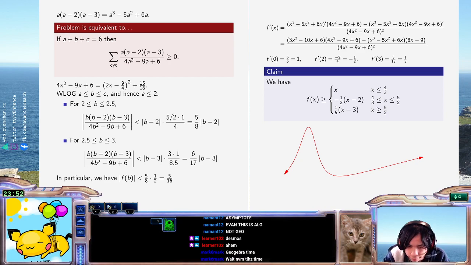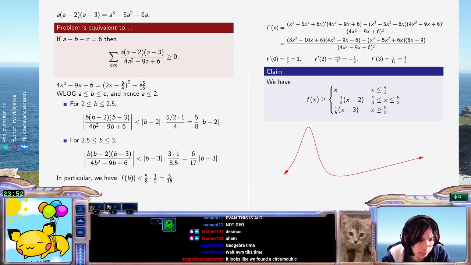So there's a line from the origin to 4/3, f of 4/3, and then down to 2, 0. Where are the axes? I didn't draw them, sorry.